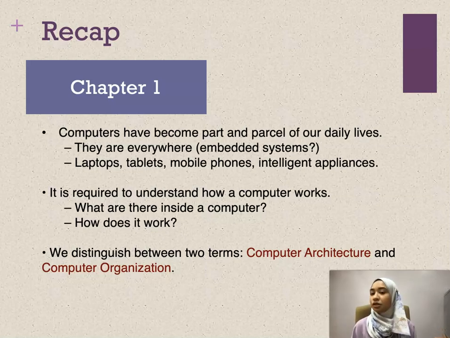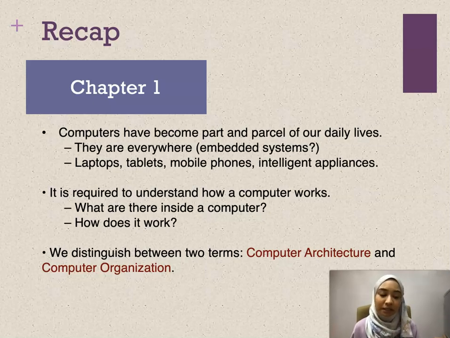Now, it is very interesting how these things work, and it is important for us as computer engineers and also communication engineers to understand how a computer works. So what is inside the computer and how does it work? This course is going to talk about that. First, we need to distinguish between two terms, which are the topic of our course: computer architecture and computer organization.